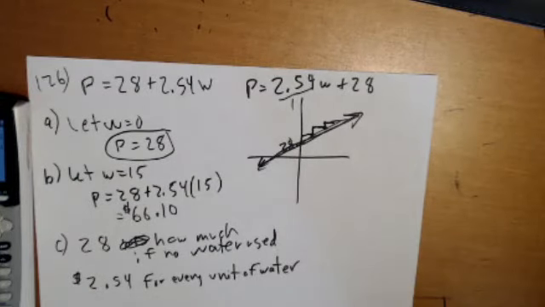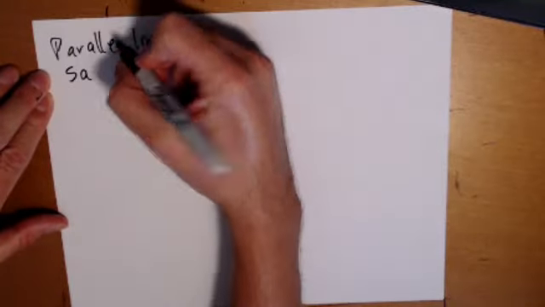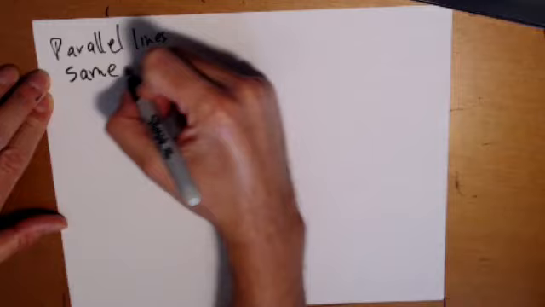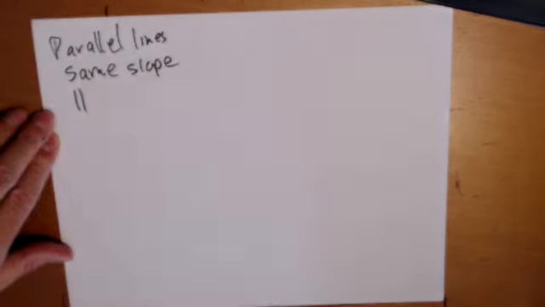Moving on to using slopes to identify parallel and perpendicular lines. First, let's state some facts. Parallel lines have the same slope, and we use that symbol for parallel.